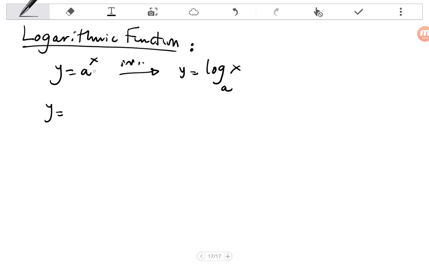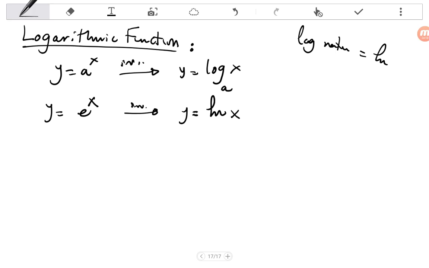And in the case of the natural number, e power x, the inverse will be called the natural log, and we symbolize it as ln. So this is called ln x.